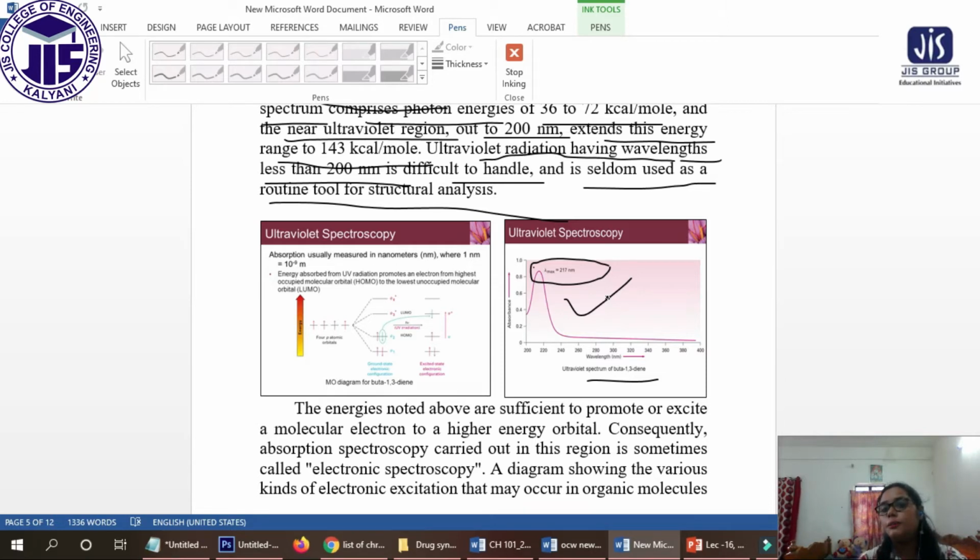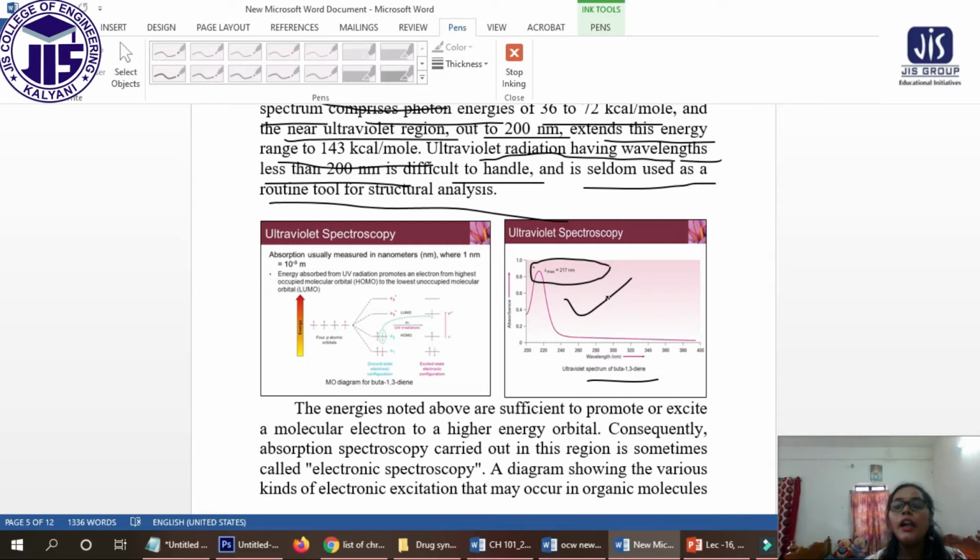From this spectroscopy, like UV visible spectroscopy, from the IR spectroscopy or NMR. From all these spectroscopy techniques, we can be sure that yes, our compound is this, and our reaction is successful. So actually these are the importance of this spectroscopy technique.